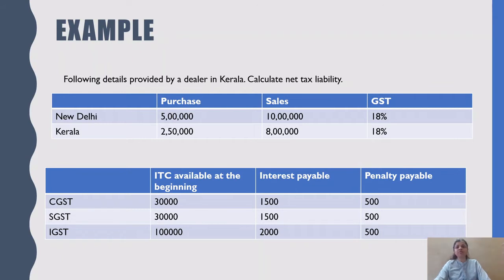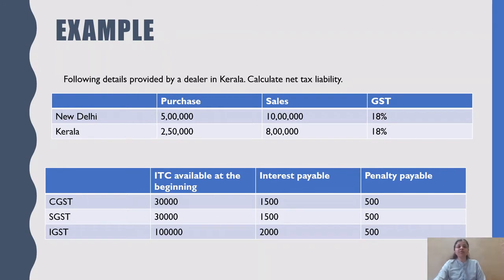First purchase is from the supplier in New Delhi. Now, the dealer who has purchased the goods is in Kerala and the supplier for this transaction is in New Delhi. As they both are in different states, this is a case of interstate supply. So as we have already discussed, on interstate supply, IGST will be applicable.